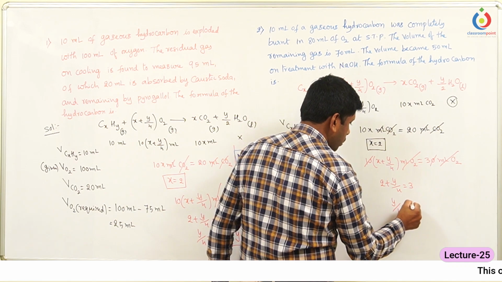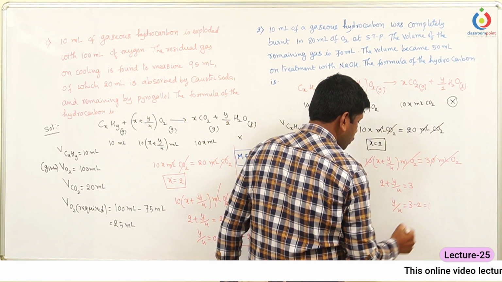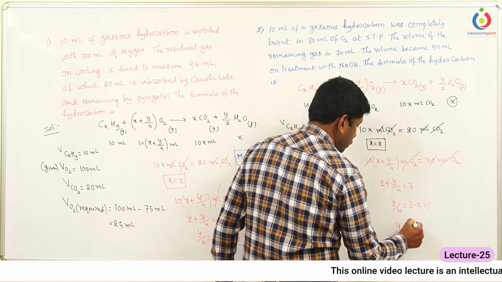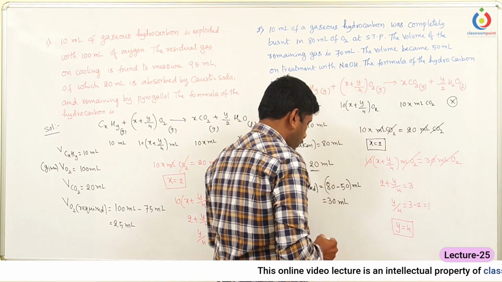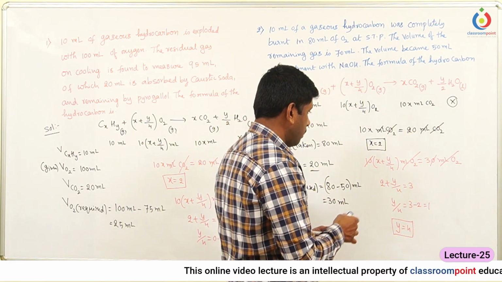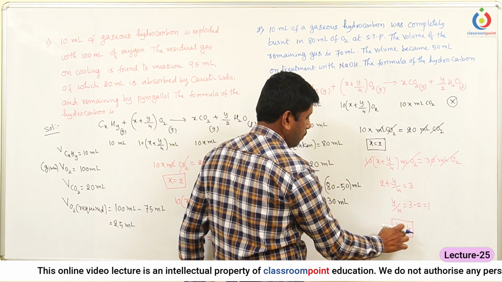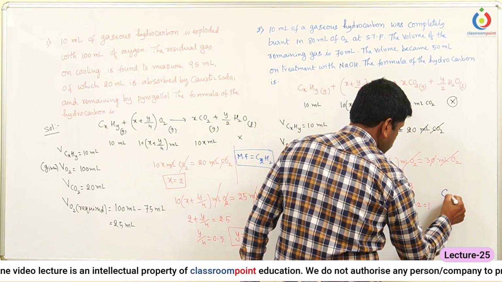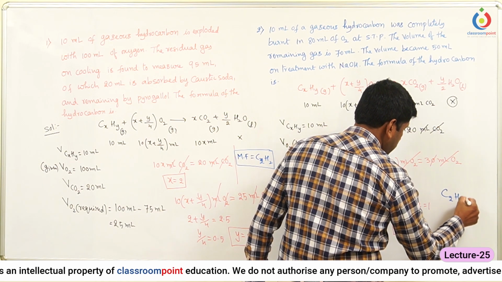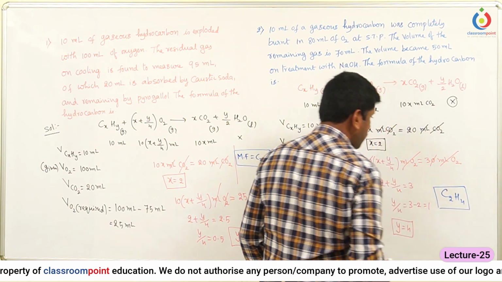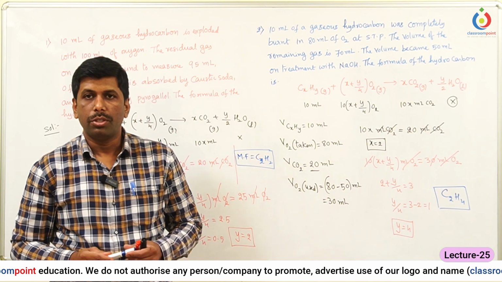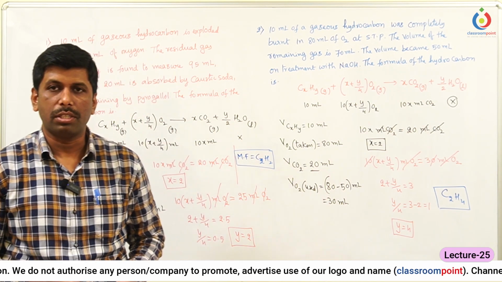Y by 4 equals 3 minus 2, that value equals 1. So y equals 4. So the final formula of the hydrocarbon here is 2 carbons, 4 hydrogens. C2H4 is the formula of the hydrocarbon. You can copy this one and we shall solve some more questions.